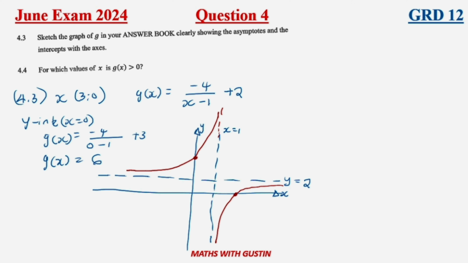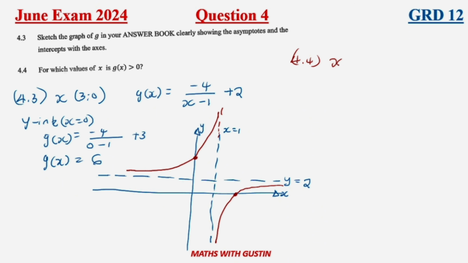And now let's have a look at 4.4. 4.4 says for which values of x is g of x greater than 0. So for which values of x is this graph above the x-axis? That's basically what they are asking. If you have a look here, from x is equal to 1 going backwards, this graph is above the x-axis.